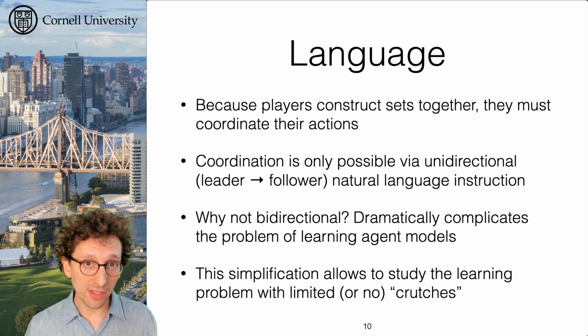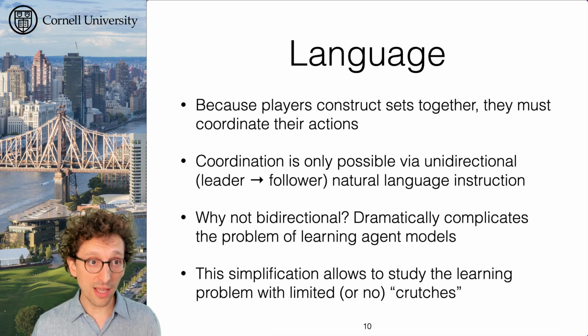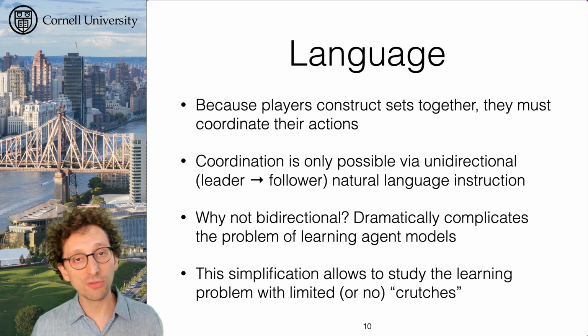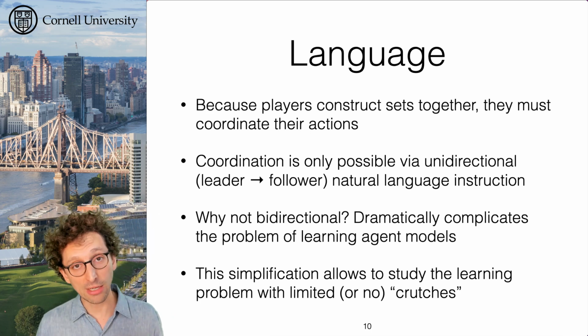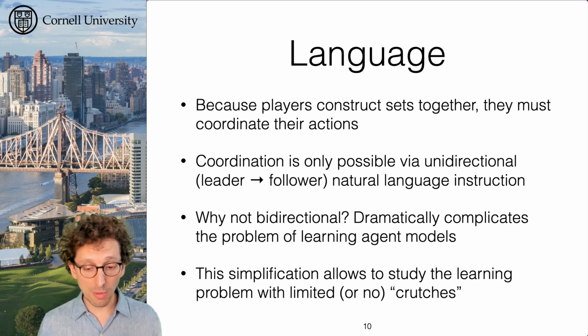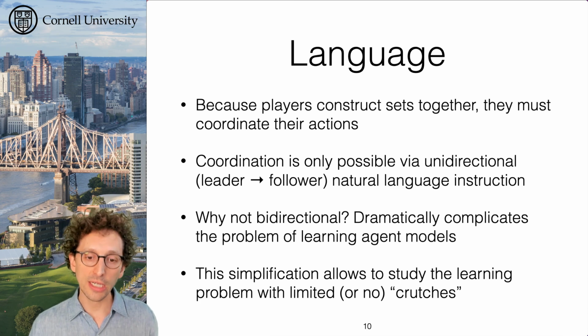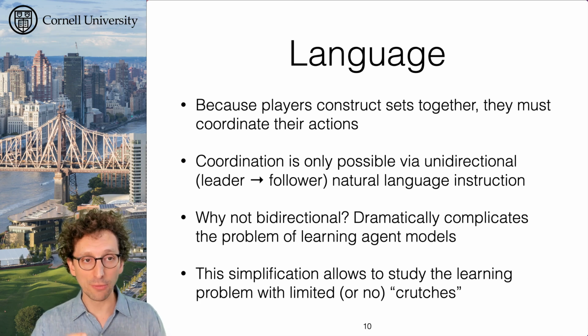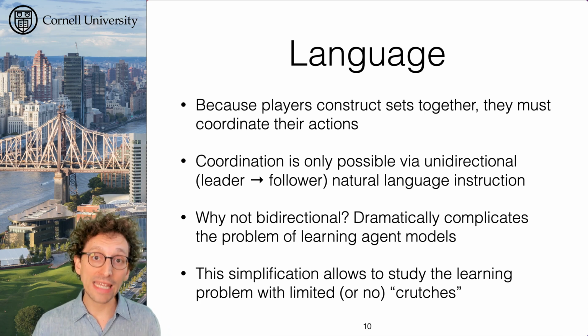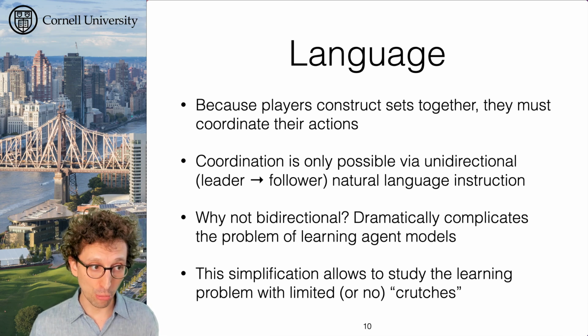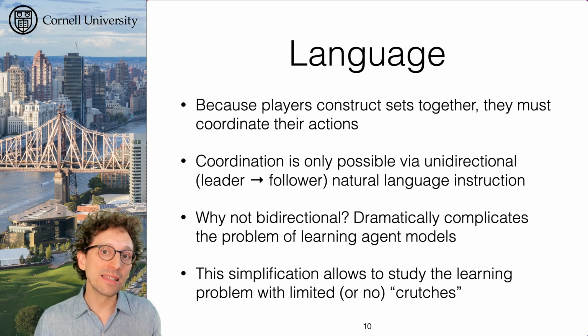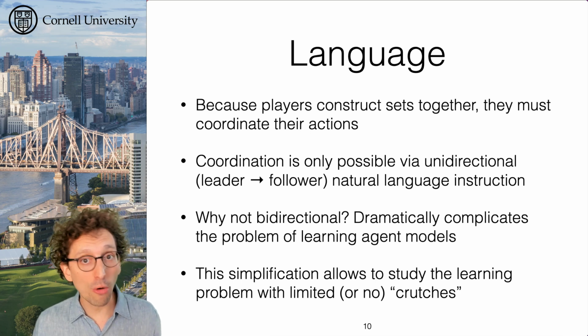The reason we avoided this is that it's a design choice, because a bidirectional communication channel would have dramatically complicated the problem of learning the agent models. An important design decision in CerealBar is to scope the complexity of the problem so we can use more principled learning approaches with limited need, or even no, crutches.